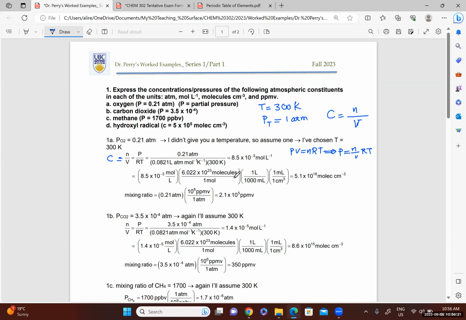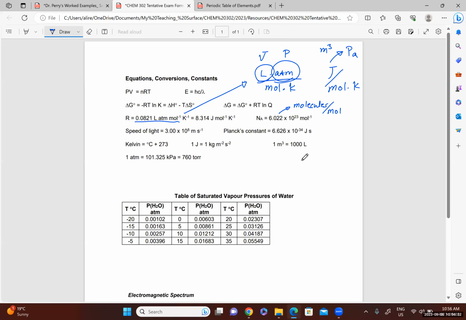What is done here is that first liter was converted to milliliter, and we know that 1 milliliter is 1 centimeter cube. How? 1,000 liters, let me show you, is equal to 1 meter cubed. The question is, how many centimeter cubes are in 1 liter? So we've got 1 liter, we're going to convert it to centimeter cubed.